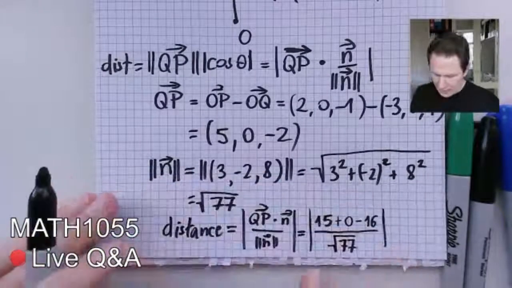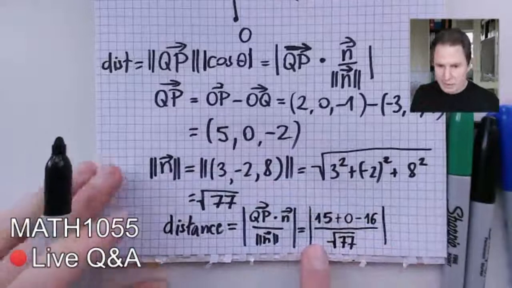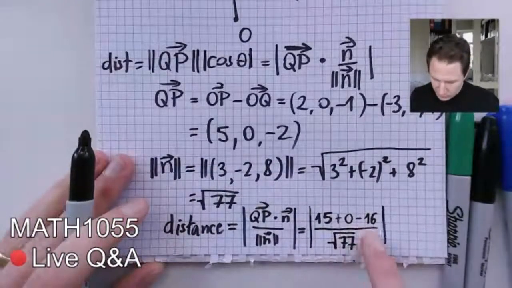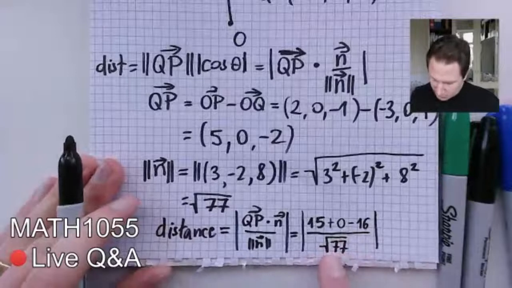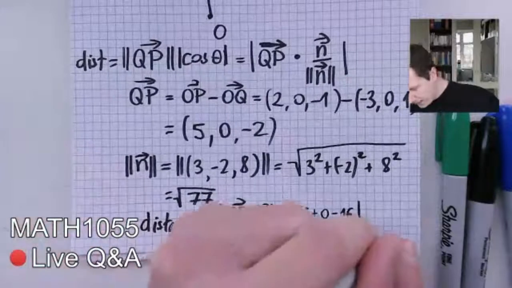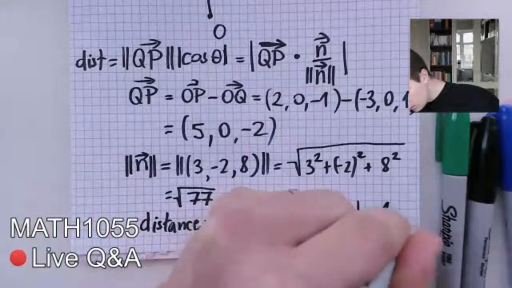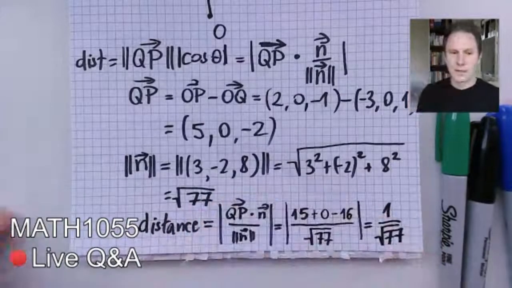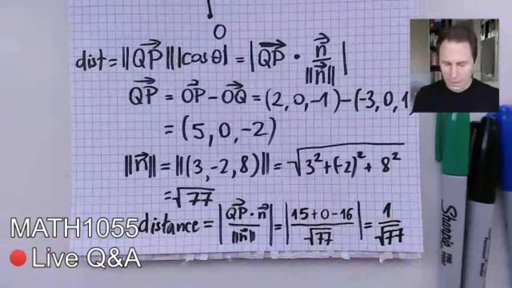Take the absolute value, and you can see that the absolute value was needed because in the numerator we have minus 1 divided by root 77. If we take the absolute value, that's 1 over root 77. Okay, so that's the distance.